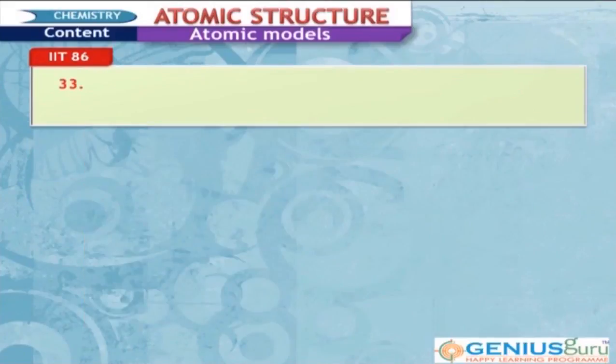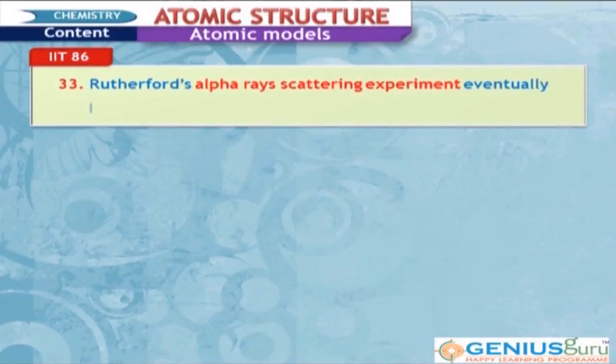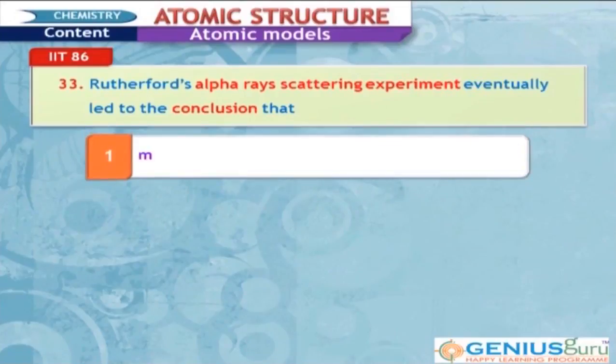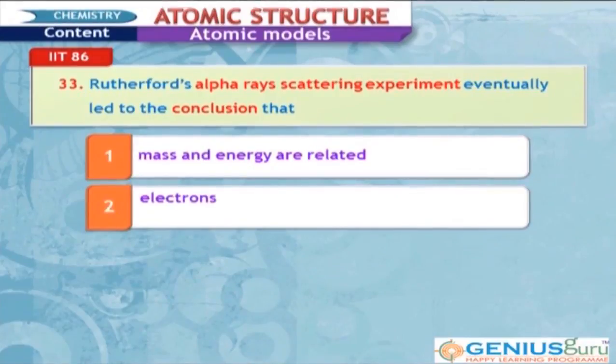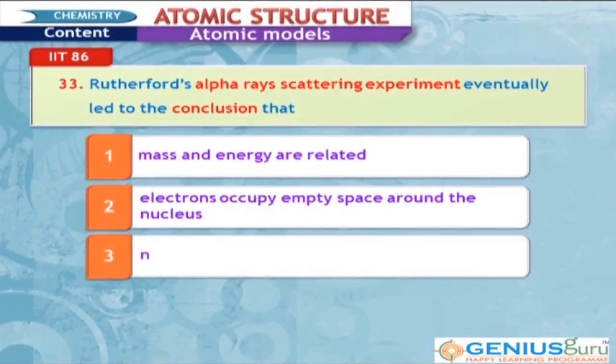The next question is, Rutherford's alpha ray scattering experiment eventually led to the conclusion that, here are the options. The first one is, mass and energy are related. Second one, electrons occupy empty space around the nucleus. Third one, neutrons are buried deep in the nucleus.